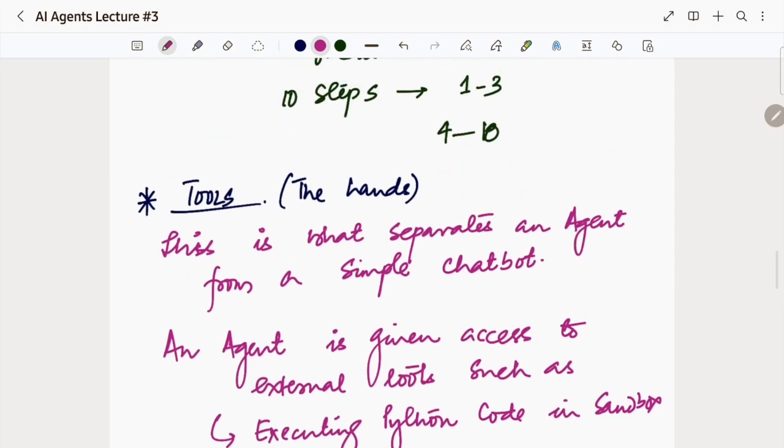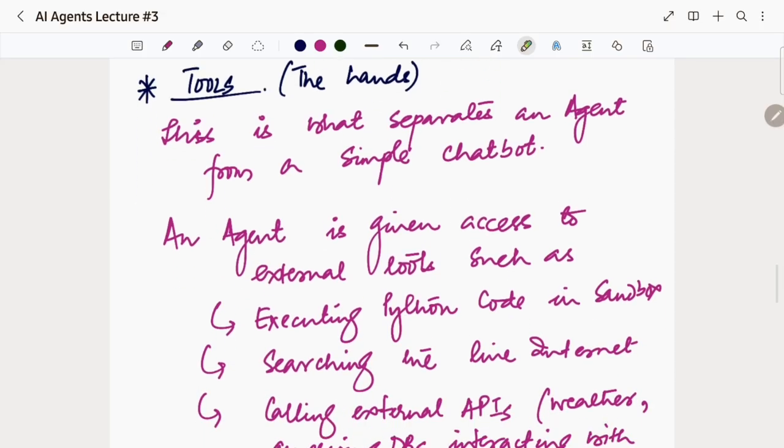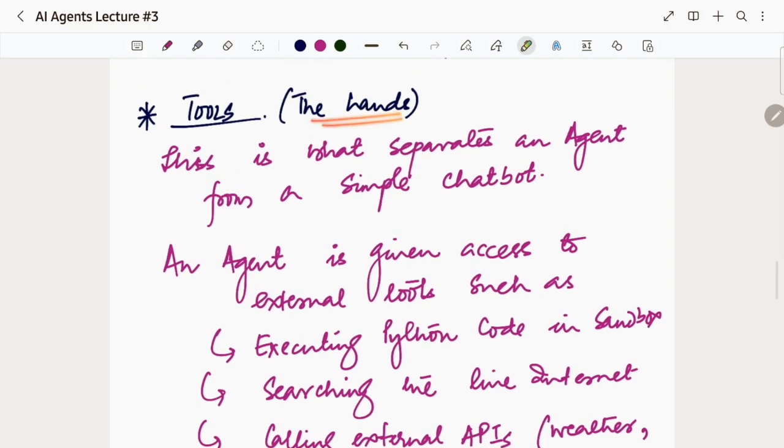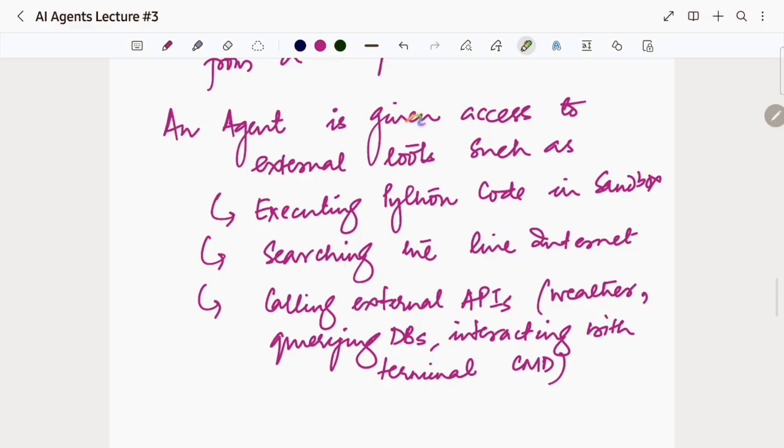So this is how an agent differs from a simple chatbot. Basically these are the hands. So it has been given access to external tools. Externally I can run a Python code, externally I can search the live internet, and make it search for the weather, databases and terminals as well.